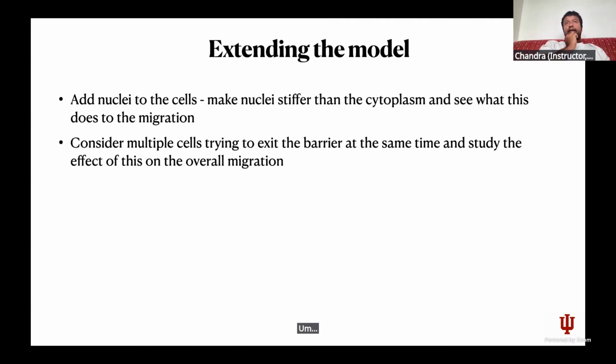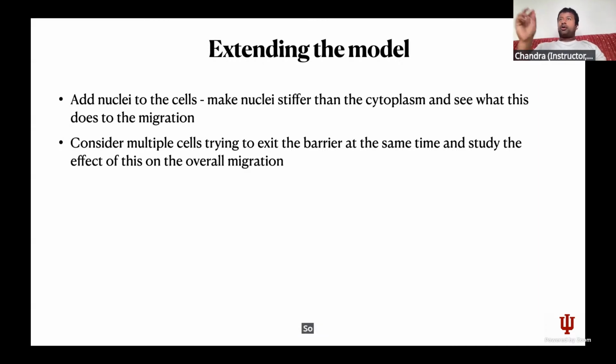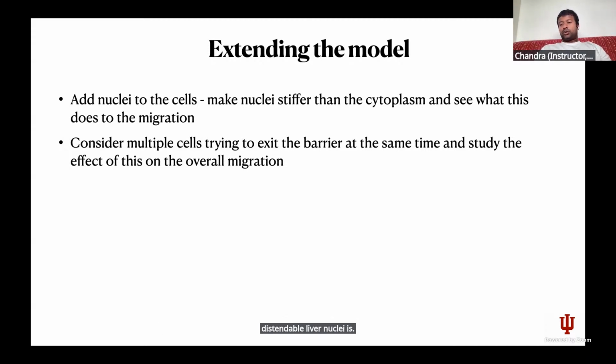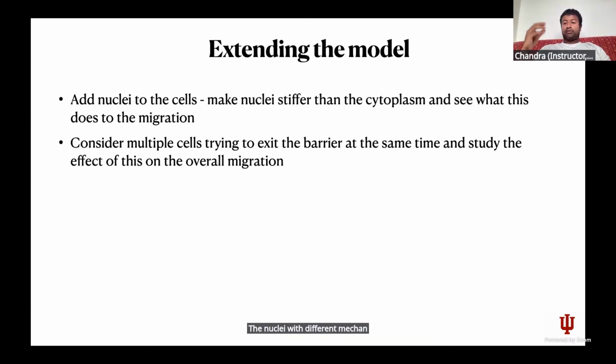It's a useful thing to have because in many cases, especially cell migration, we know that the nuclei have different properties from the cytoplasm. It's not as elastic. So the narrowest gap you can go through is sometimes dictated by how distensible your nucleus is. So if you're modeling cell migration, it would be nice to have explicitly the nuclei with different elastic properties.